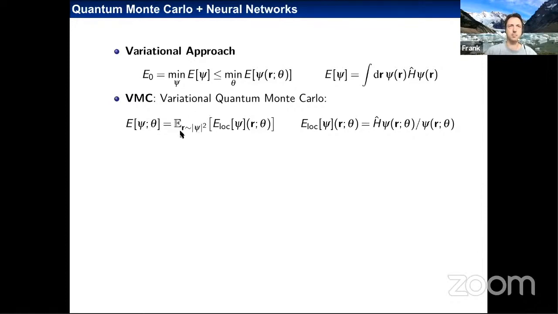So we sample electron configurations with respect to the probability of finding them, so the squared norm of the wave function. And the quantity that we compute the expectation value over is this local energy, which is the Hamilton operator applied to our wave function divided by the value of our wave function. And this is essentially just a function evaluation. So this is something we can relatively easily compute when we have an expression of psi that we can evaluate. So this is basically what we do in every iteration of our training.